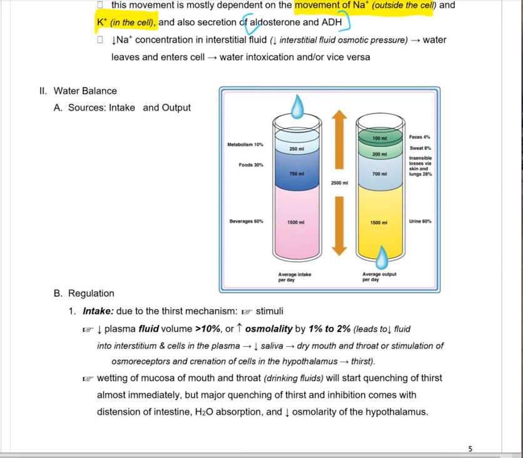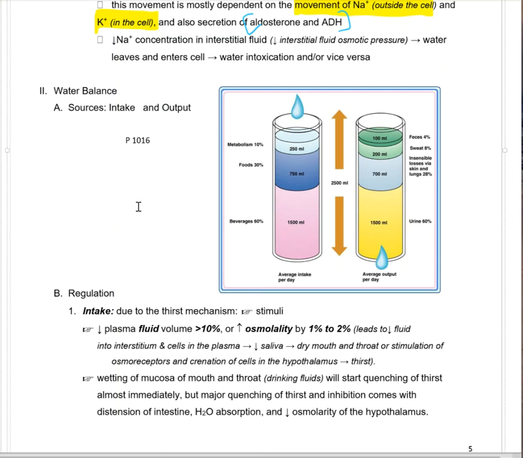So let's look at water balance for a minute. This picture is on page 1016, and actually I don't know if I need to go to it because it looks almost exactly like this.